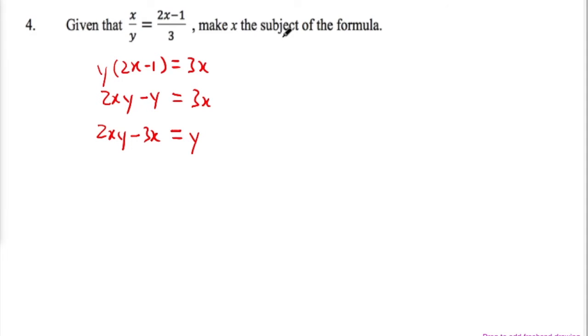The subject of the formula must only be alone and by itself. Therefore, we need to factorize out the x so that there's only one x. So to find x as the subject, we divide away 2y minus 3.